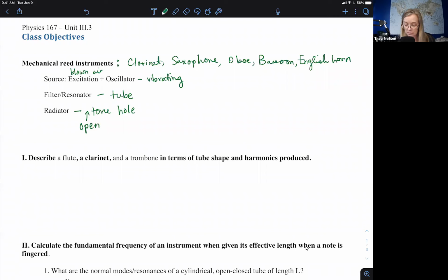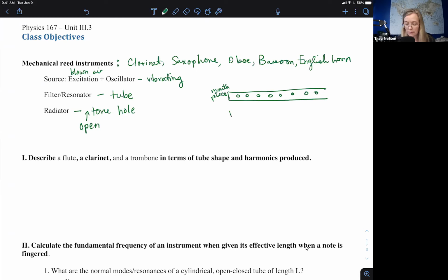Okay, so typically these instruments, like a clarinet, have a series of holes going down the body. And then to make different tube lengths, this is the mouthpiece end, you would cover or uncover those different holes to make different lengths.